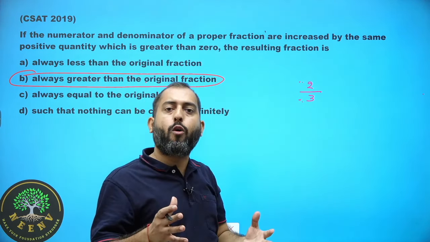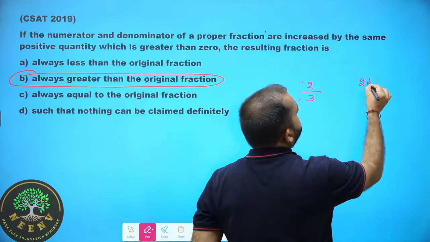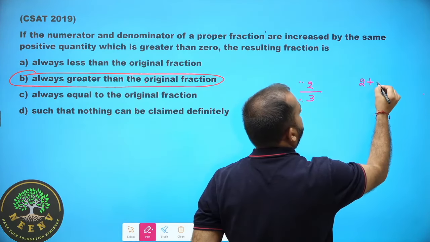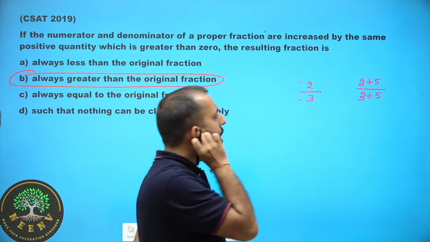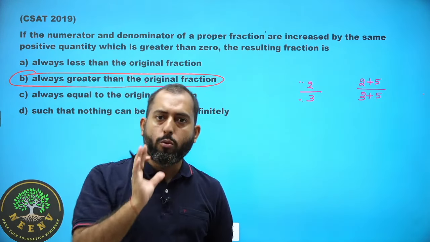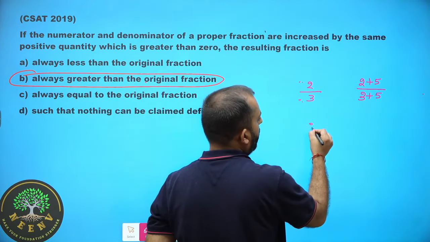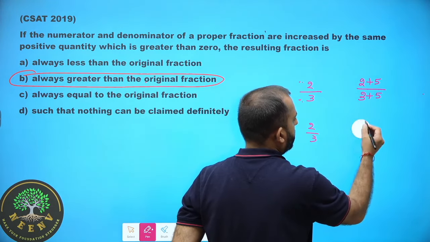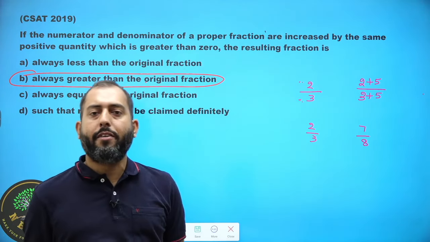Now if I add the same quantity to numerator as well as to denominator, say I have added 5 to numerator as well as 5 to denominator, 2 by 3 becomes 7 by 8.